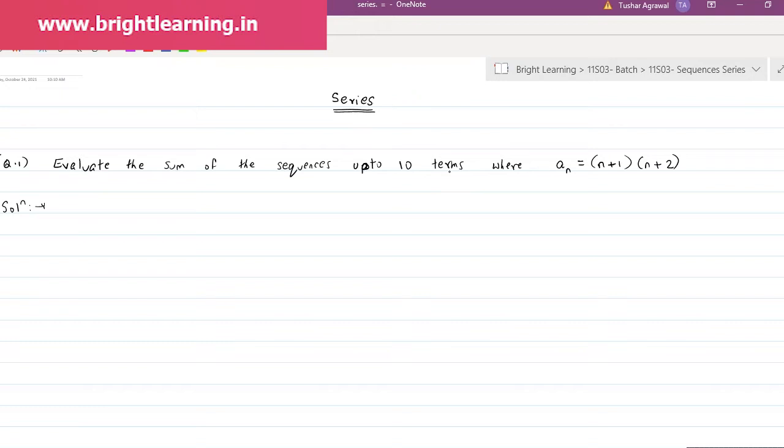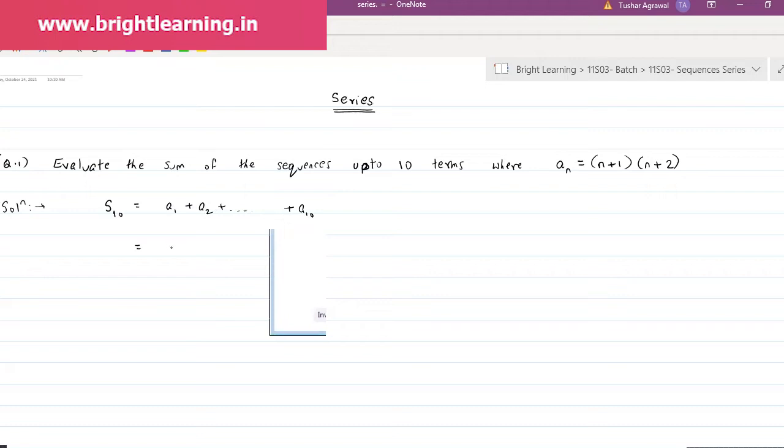So is it 570? Yes, correct. But you have taken a lot of time for this question. It should not take so much time. See, how do we do it? We have to find S10, the sum of the first 10 terms, A1 plus A2 and so on up to A10.